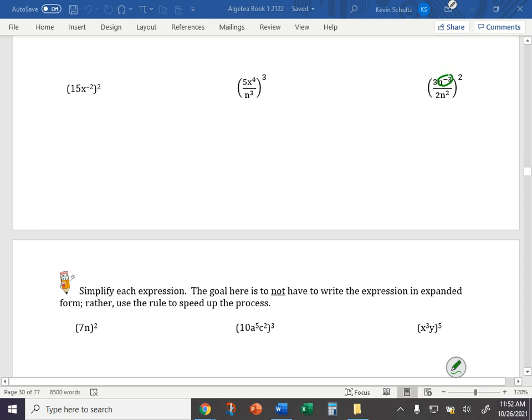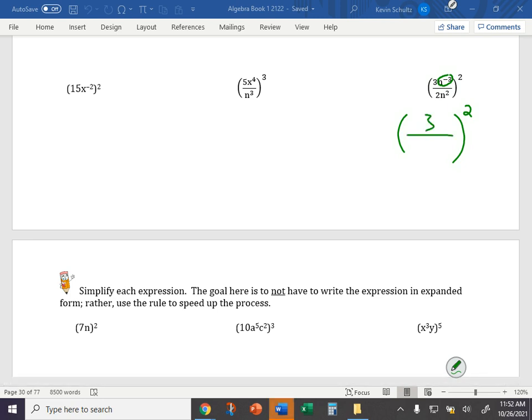I can bring it to the denominator, and it's going to be made positive. So in my numerator, now I'm left with just that 3. And in my denominator, I've got my 2n squared. And now I've added an n to the positive third. So in total, how many n's do I have in the denominator of this fraction? 5. So before I distribute, I can write this to be 3 over 2n to the 5th.